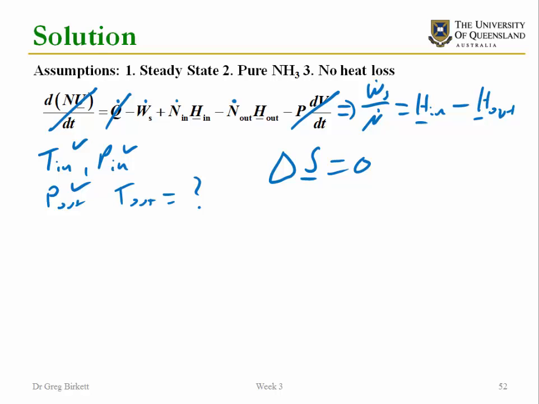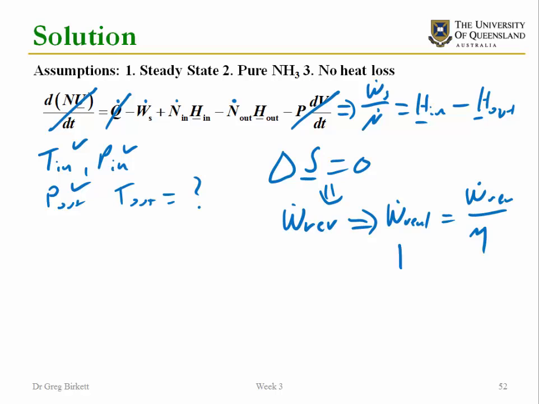Once I've got that, that gives me my reversible work. From this, I can get my real work required as being equal to my reversible work divided by my efficiency, and from my real work I can get my H in minus H out, and I can get my temperature out.